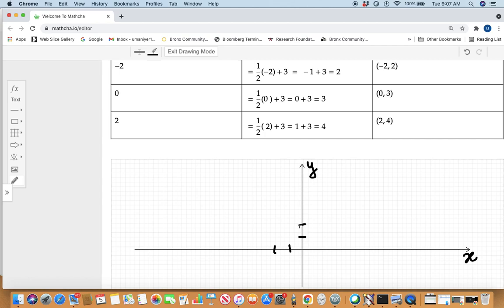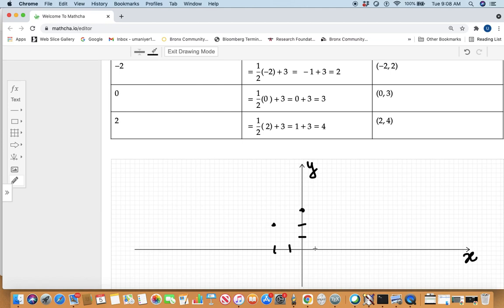Okay, so -2 and height +2. The next point is x coordinate is 0, y coordinate is 3. 1, 2, 3. That's my second point. The third point is 2, 4.